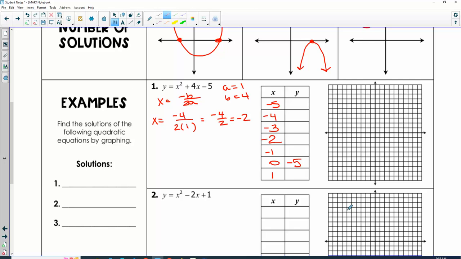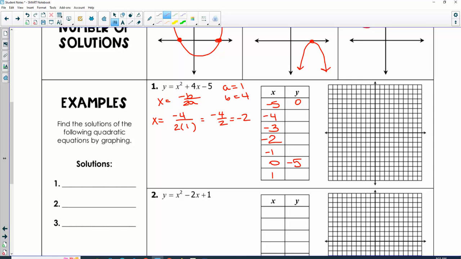Everybody knows how to plug these in? All right, what did you get with negative 5? So negative 5 gives us 0.